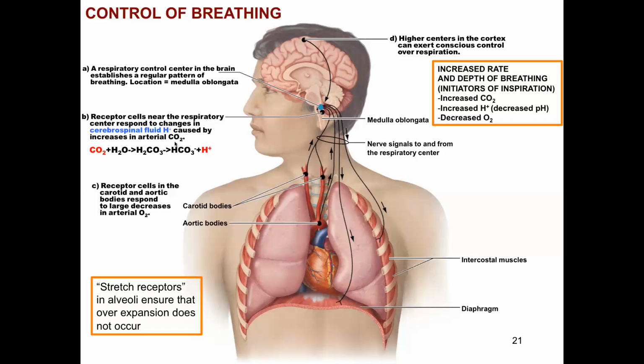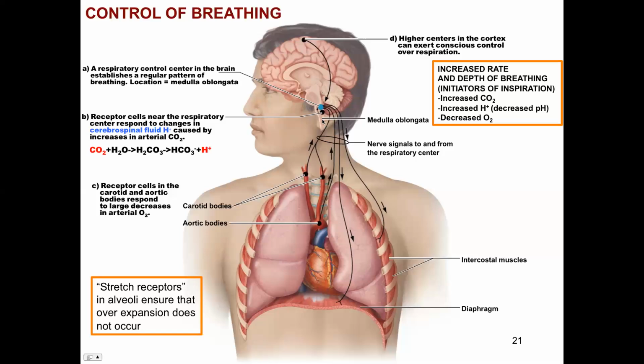And that hydrogen ion concentration diffuses from the blood into the cerebral spinal fluid, which is detected by those receptor cells in the medulla oblongata, okay? So that is one way, so we respond to increasing concentrations of CO2 by corollary by increases in hydrogen ion concentration, which diffuses into the cerebral spinal fluid.